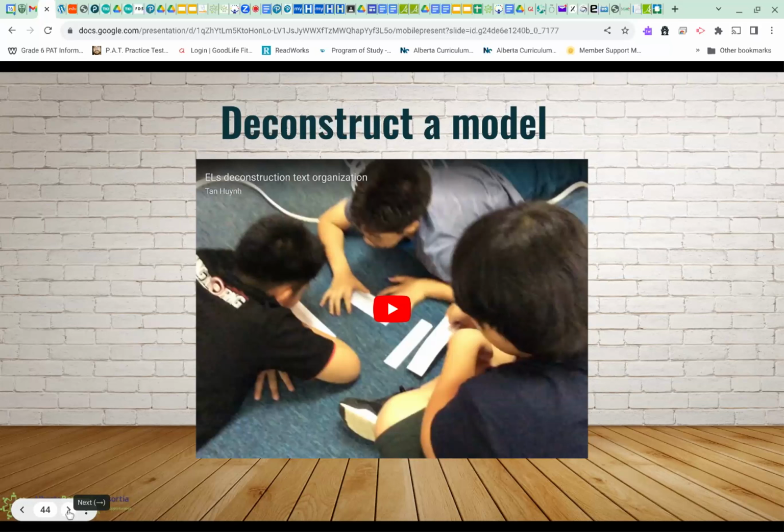Because they're looking at the language features, those transitional and signal words that show the progression of the writing, we're making language manipulative. It doesn't have to be just math manipulatives. We're breaking it down so students use some metacognition, looking at the language and developing that metadiscourse.